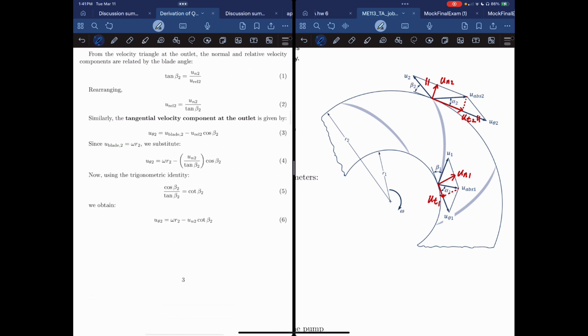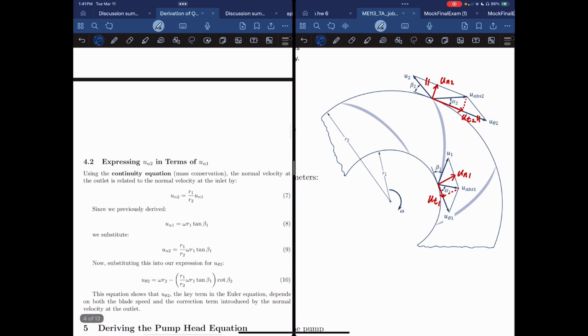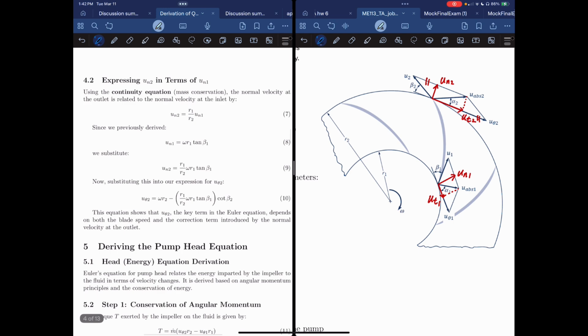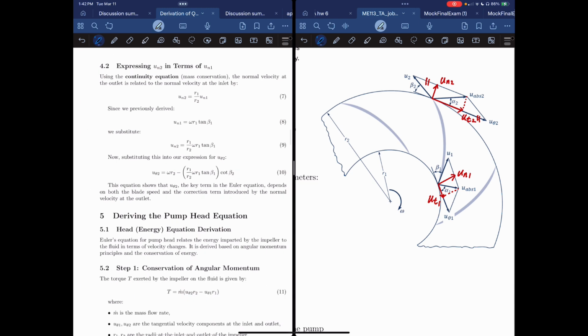Okay, so just breaking it up and deriving how that cotangent comes into play for the H equation, but we're not there yet, so let me know if you have any questions.